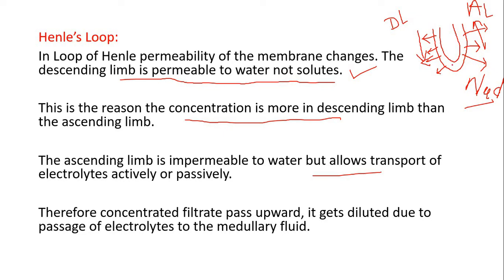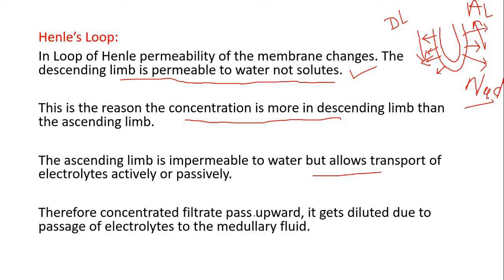If water is present here, the concentration is less and the dilution is more. So the fluid is more diluted in the ascending limb than the descending limb, because the ascending limb is impermeable to water but allows transport of electrolytes passively. Everything here occurs by passive transport, that means no energy is required.